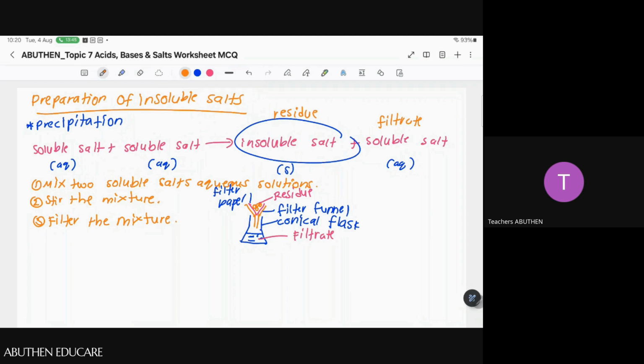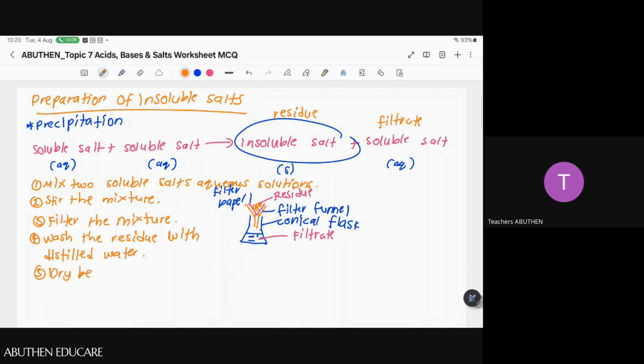Next step, you are going to wash the residue. And remember, in chemistry, always use distilled water in the lab, don't use tap water. And last step, when you wash something, you need to dry it.